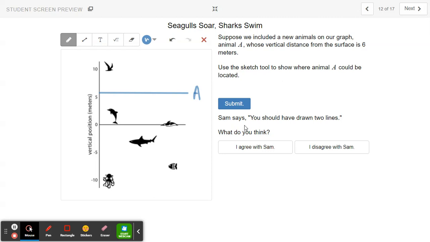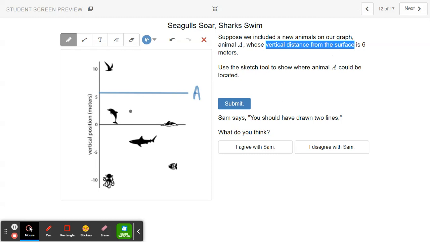Now, Sam says you should have drawn 2 lines. Now, I didn't draw 2 lines, but let's start thinking about what Sam said. Vertical distance from the surface. Oh, okay. So I'm seeing something here. It doesn't say 6 meters above the surface, right?